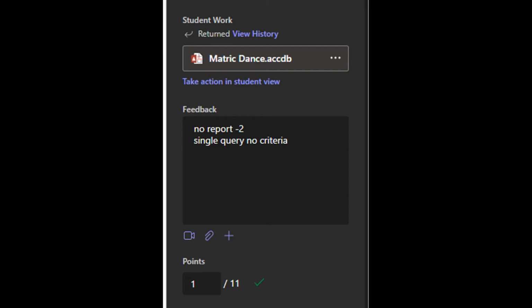So essentially the student has got 1 out of the possible 11 marks on the rubric for this particular question. And what went wrong? This is a student who during term time managed to do database queries fine, no problem. So what went wrong?